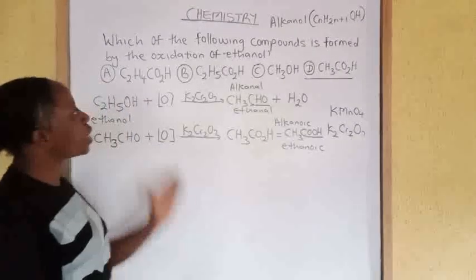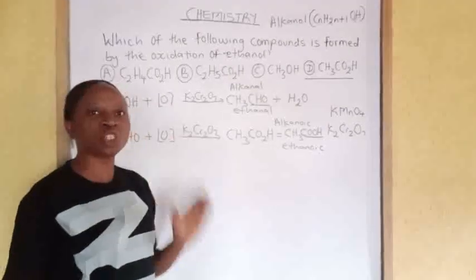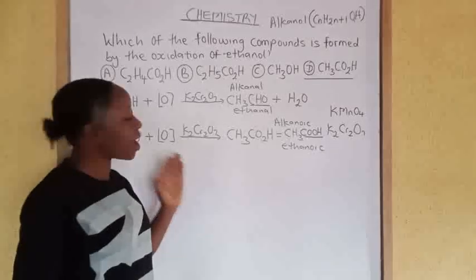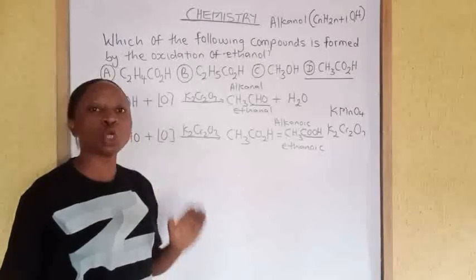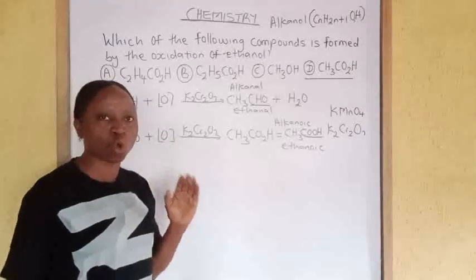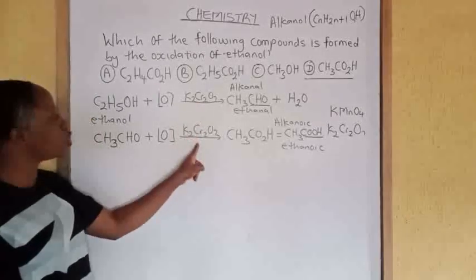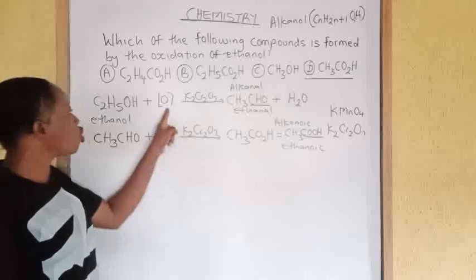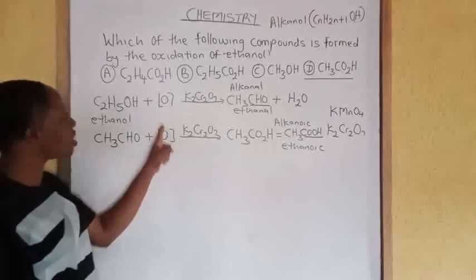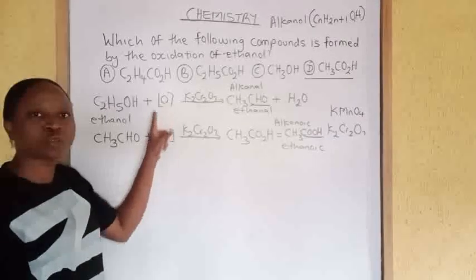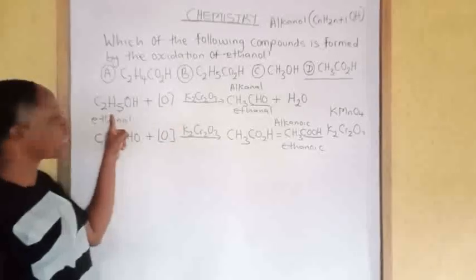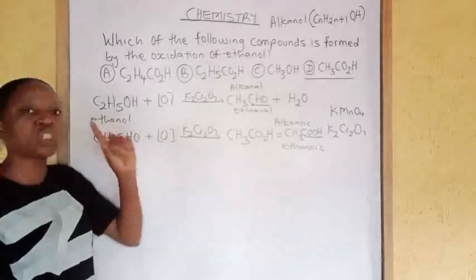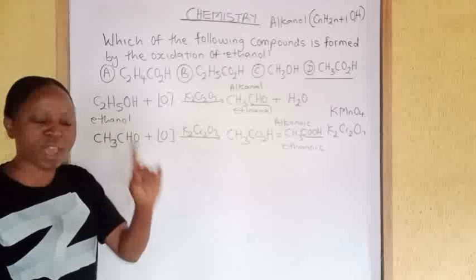Since you are looking for the complete oxidation of ethanol, instead of going through the 2 stages, you can add these 2 oxygen atoms directly to ethanol. So it will give you a single reaction.